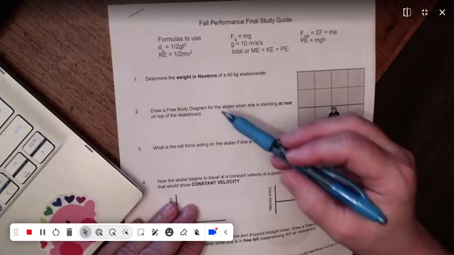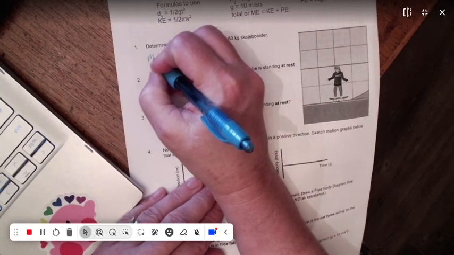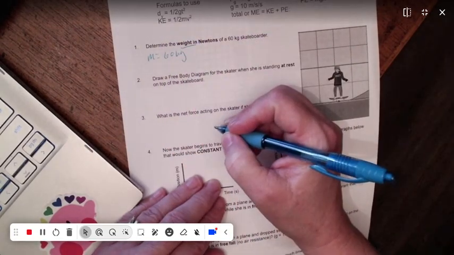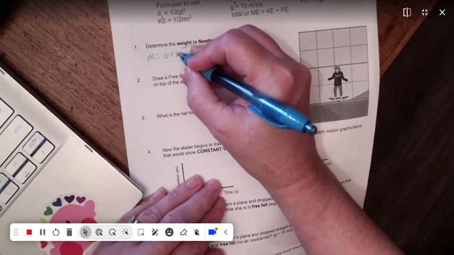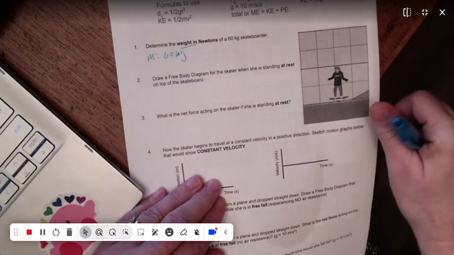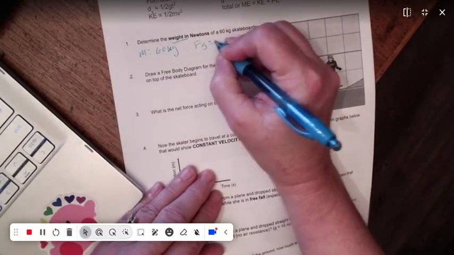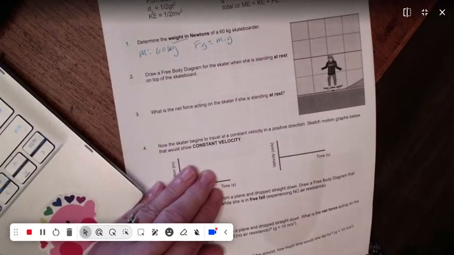And the skateboarder has a mass of 60 kilograms, and we want to determine her weight. Remember, weight is also our force of gravity. How much is gravity pulling on her? How much force is it exerting on her? We can get that by multiplying her mass, m, by g, our acceleration due to gravity.